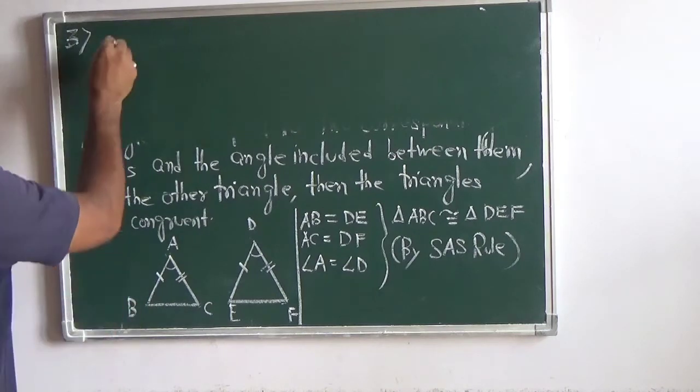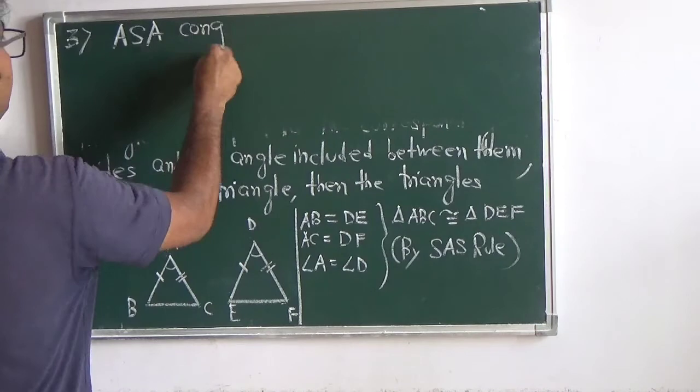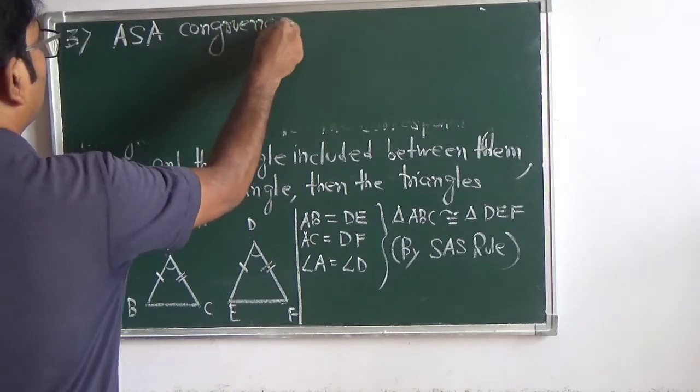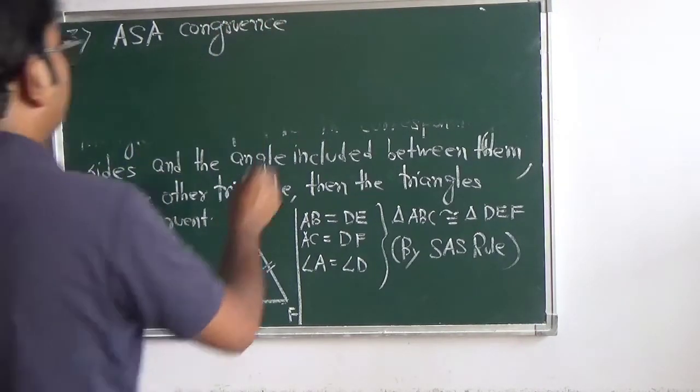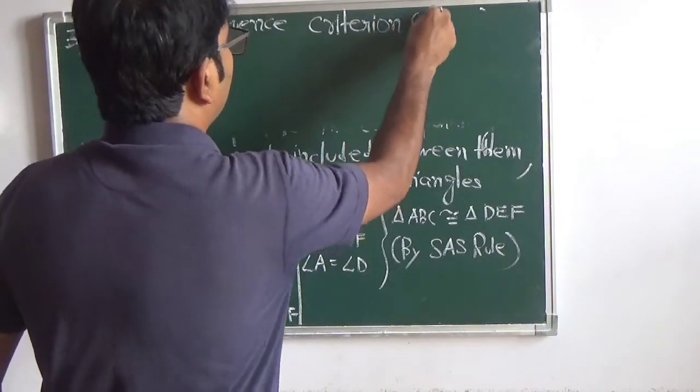Congruency rule number 3 is the ASA congruence criteria, or rule.